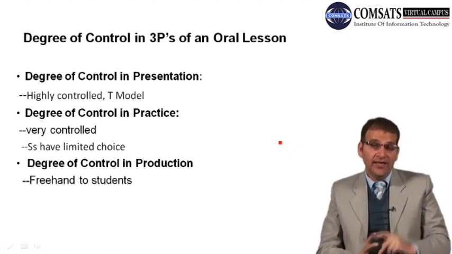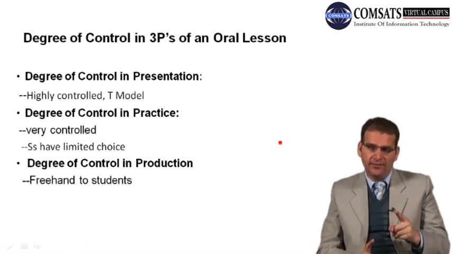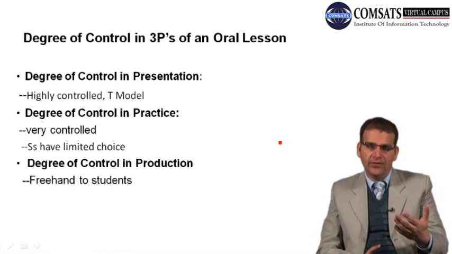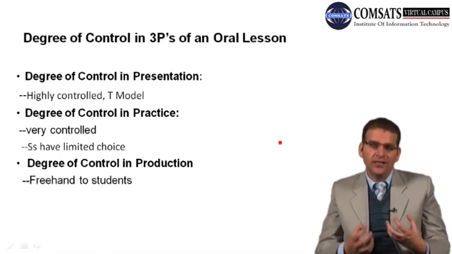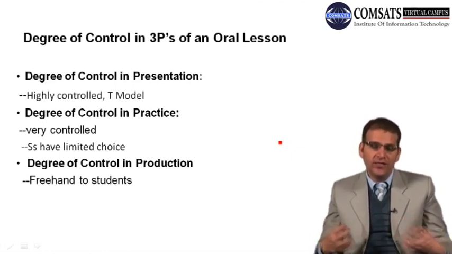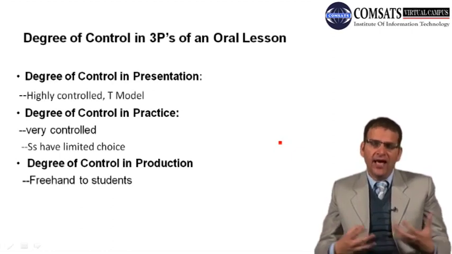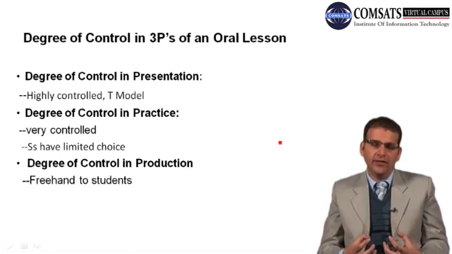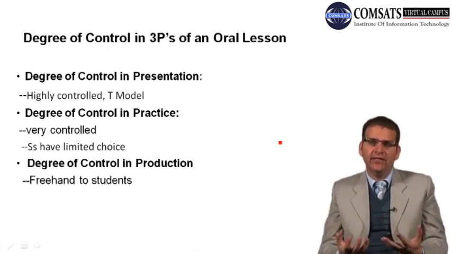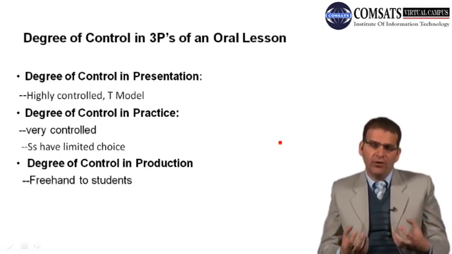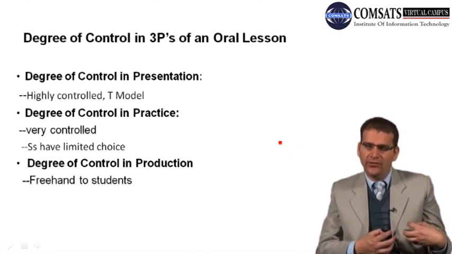So I told you that, as far as the degree of control is concerned, in the first stage we saw that it is with the teacher, it's the T-model. So maybe in the production stage we can call it the S-model, the student-centered one, where the students are given a free hand and they can interact, they can discuss, and they can create new things, they can create activities, they can have role plays, because now it is the time for the production stage.